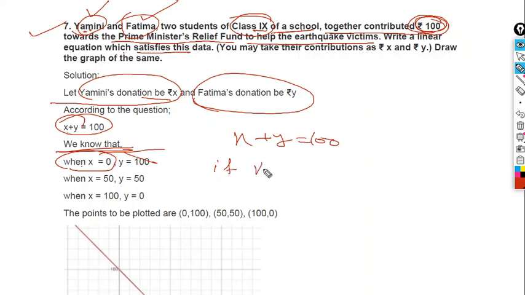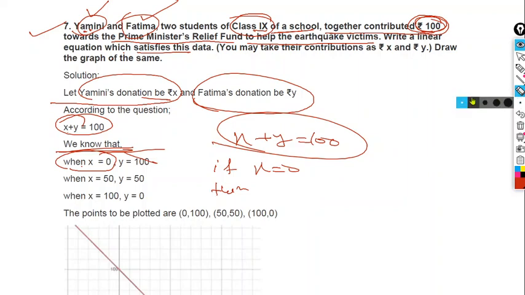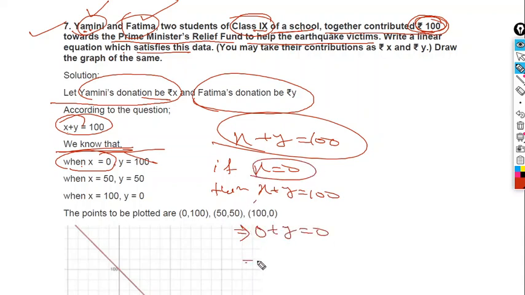If x = 0, then y = ? Put the value of x here: 0 + y = 100, which implies y = 100.